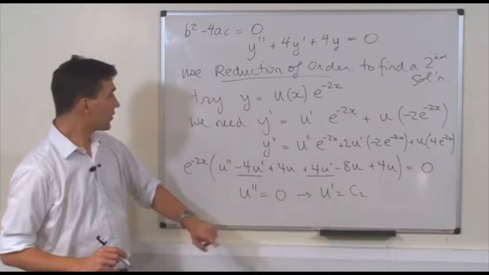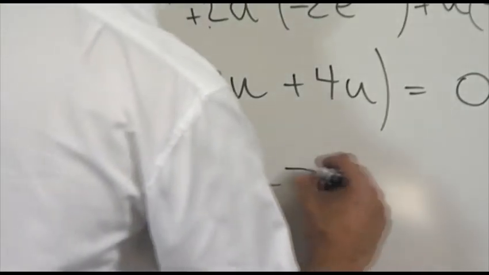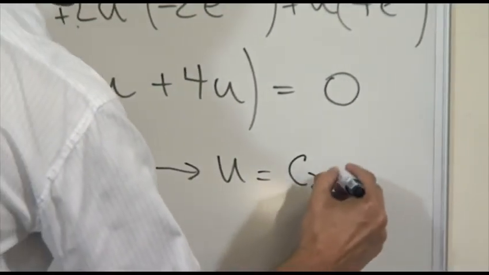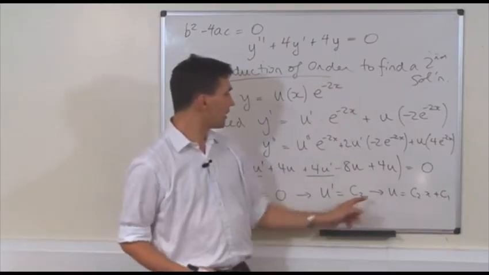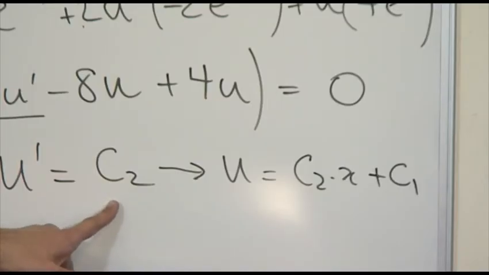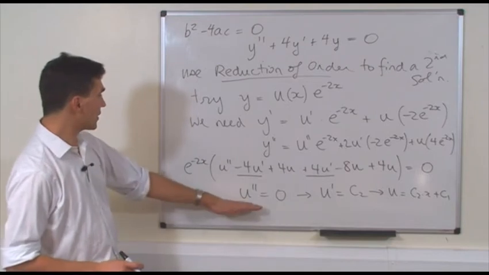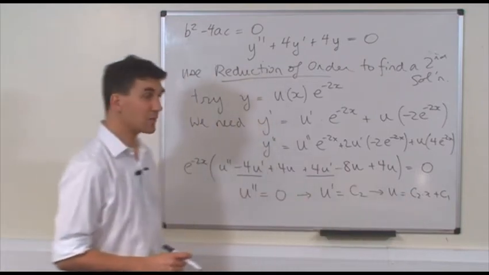Now we integrate that one again. We're integrating a constant. So when we integrate a constant, we get our function u, which is C2 times x plus C1. You integrate this constant, it becomes a constant times x, and you have a constant of integration. Okay, so our solution for this equation, u double prime equals 0, is actually u is a straight line. U is C2x plus C1.